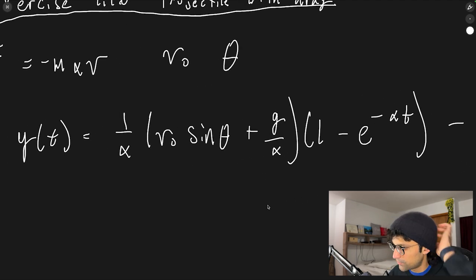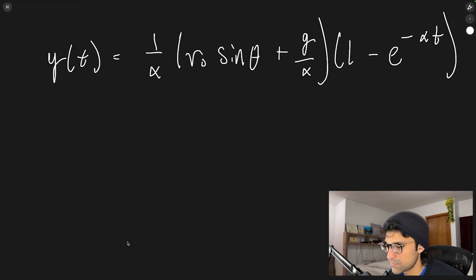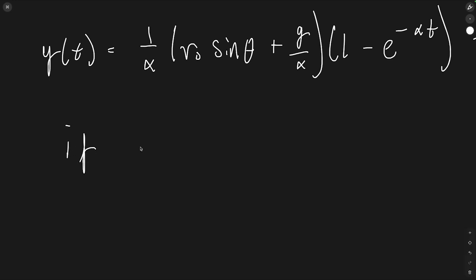Okay, demonstrate that in the limit of small alpha, this expression reduces to the standard projectile motion equation. Okay, so if alpha is much less than 1, or I should say if alpha t is much less than 1, right?